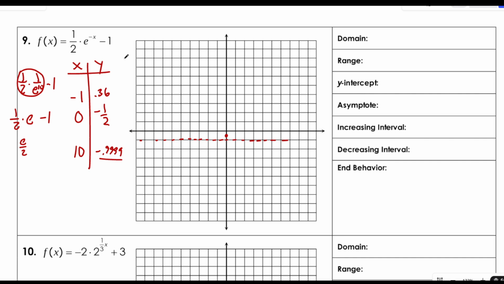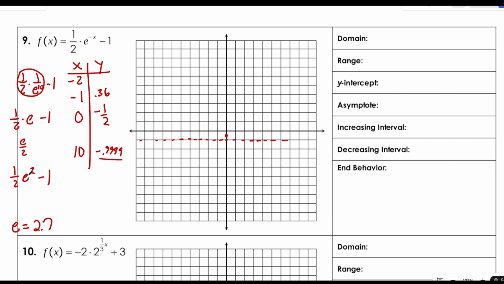And then I'll repeat for negative 2. Let's see. .5 times e to the second, or e times e. Not sure what kind of calculator you'll have, but if you have a super basic calculator, you'll just have to know that e is like 2.7.